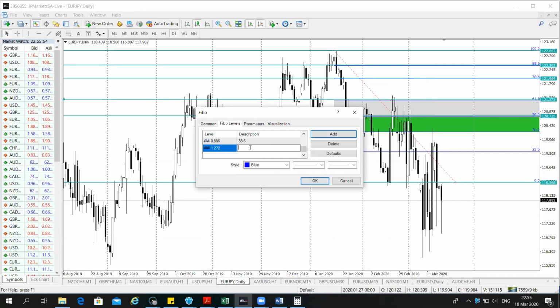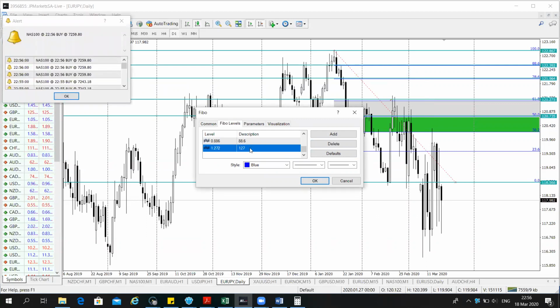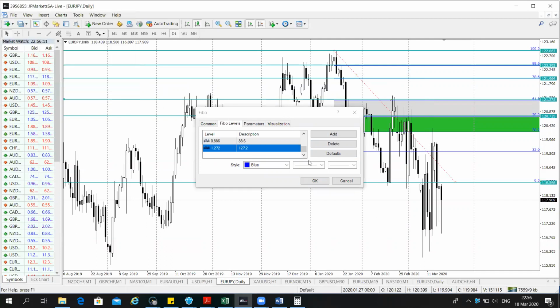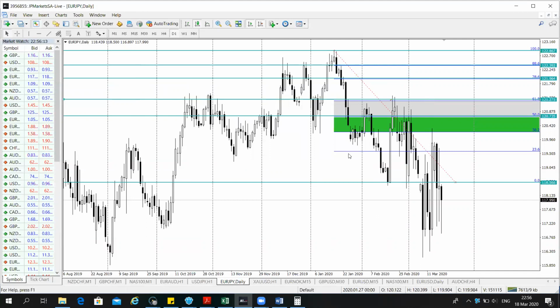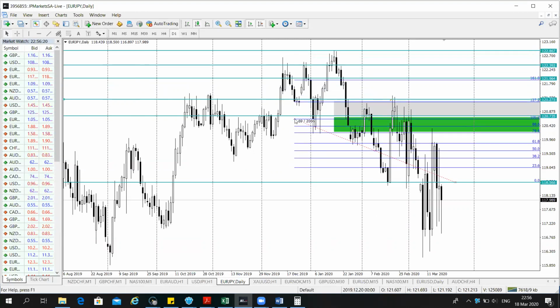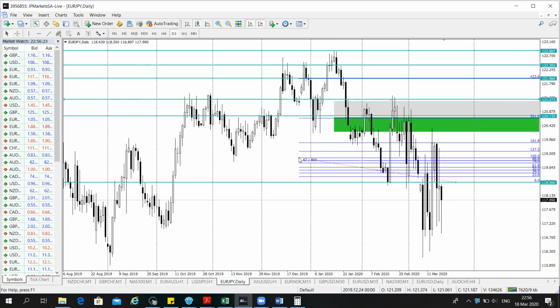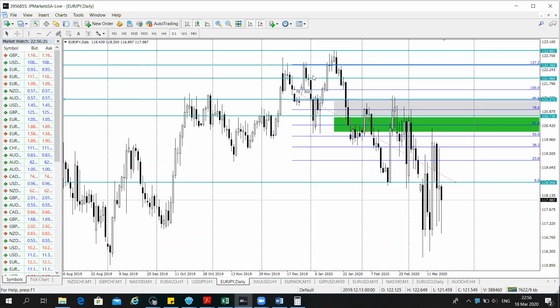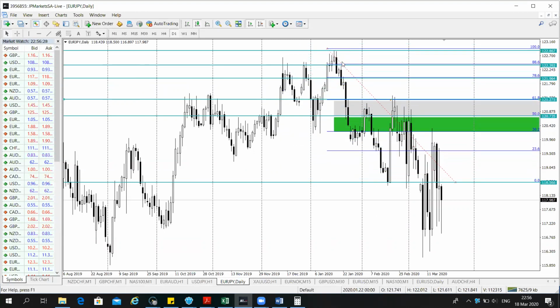Also pay attention to how I add the levels. Then it's added. You can see I have 127.2 and 161.8. I didn't add 141, 261, 423, and so on. You can see how I add them.